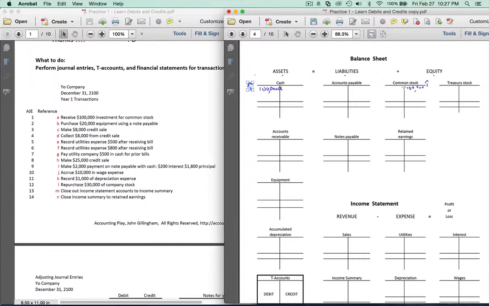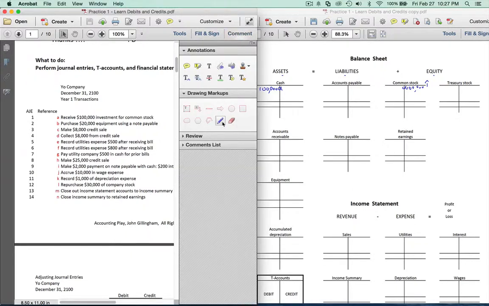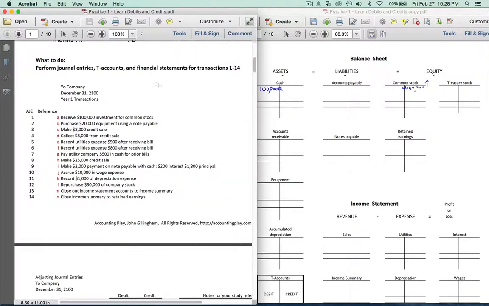Also going to put a transaction A there as well. So we know this is cash going up here. So, boom, we have transaction A. What I always like to do is called ticking it off. So if I got my A, I'm just going to make a little tick mark.